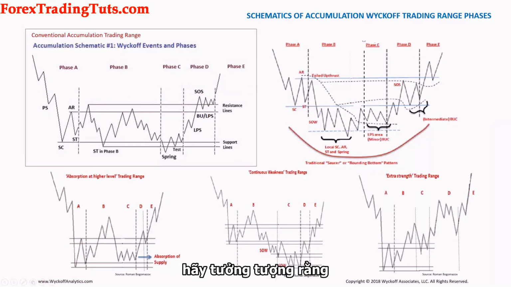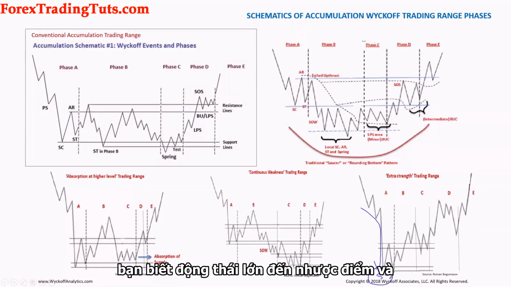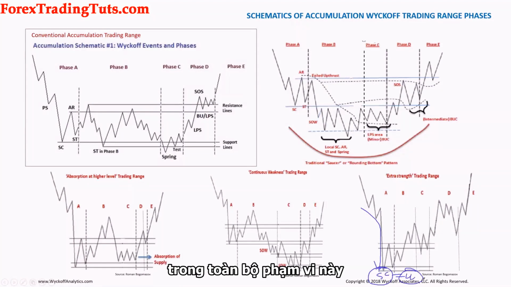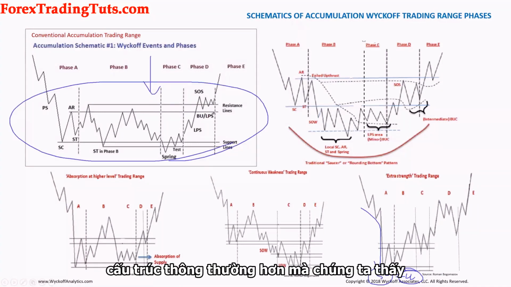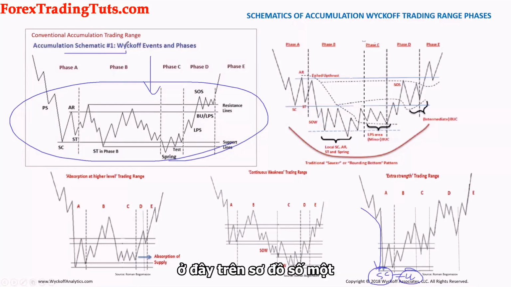Let's imagine that there is a lot of value in the climactic action for the stock that has just had a very, very big move to the downside, and the selling climax becomes the lowest low in this whole range. How is it possible? Why would this structure be created instead of a more horizontal, more conventional structure that we see here on schematic number 1?